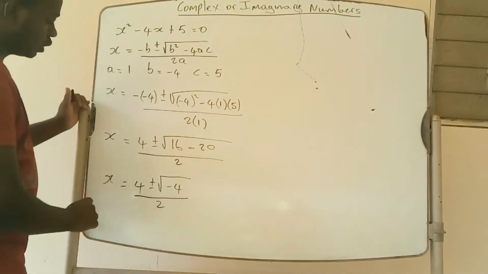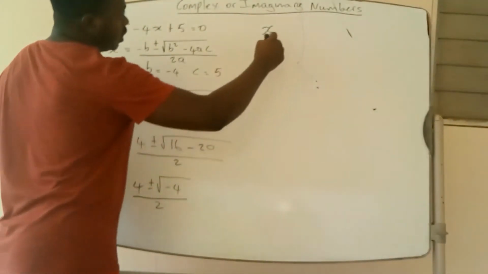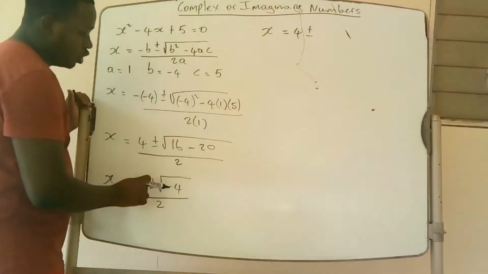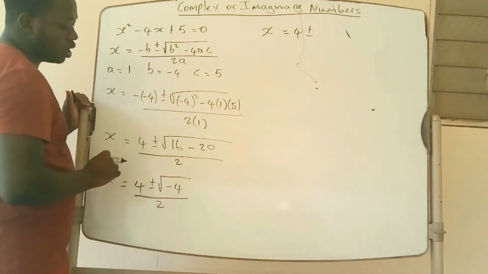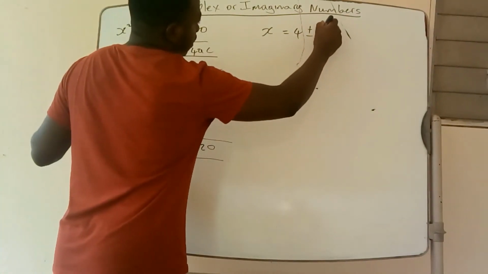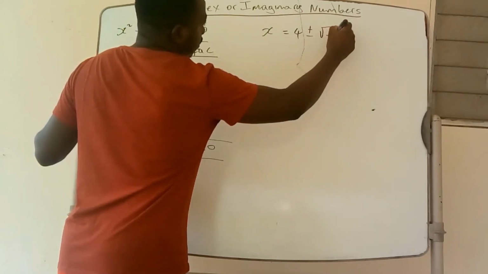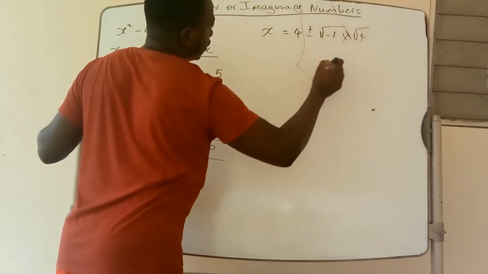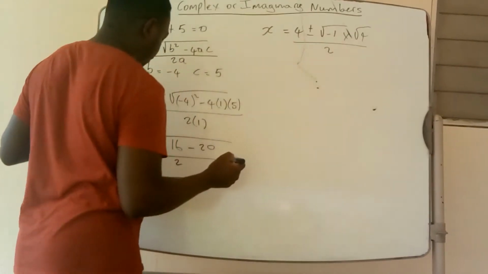So x equals positive 4 plus or minus, I'm going to rewrite the square root of negative 4 as a product of two numbers, so this is the same thing as the square root of negative 1 times the square root of 4, all of that divided by 2.